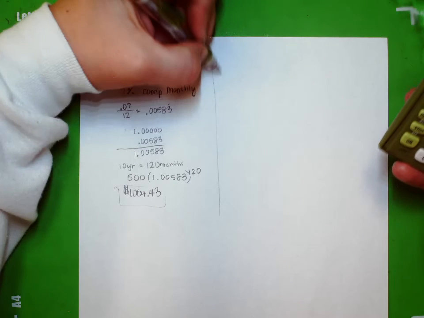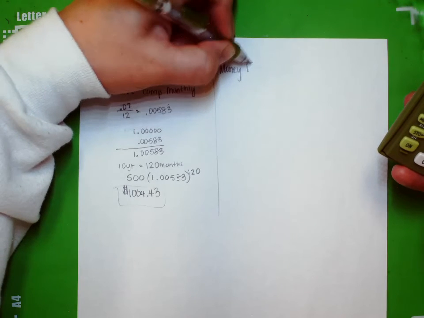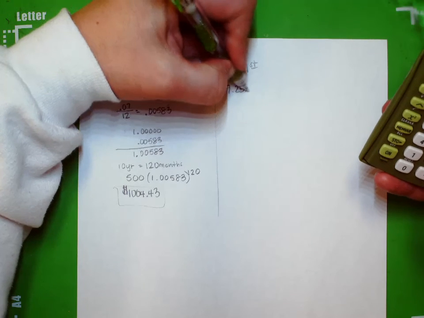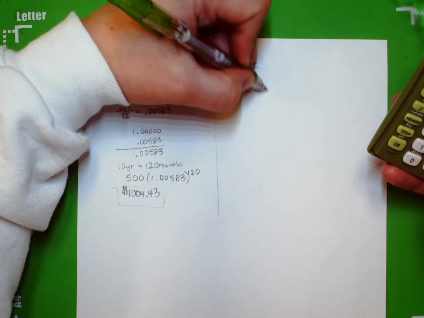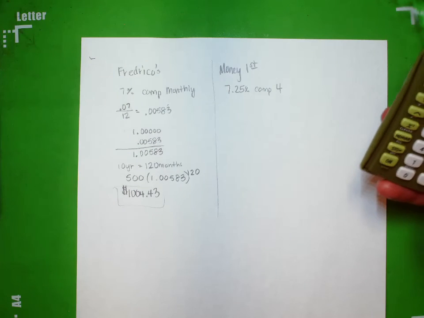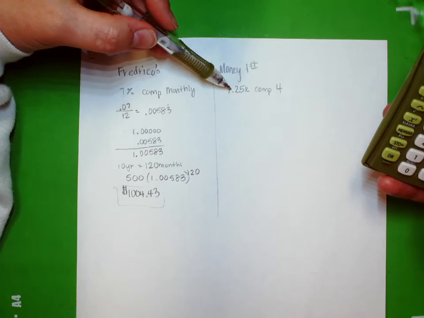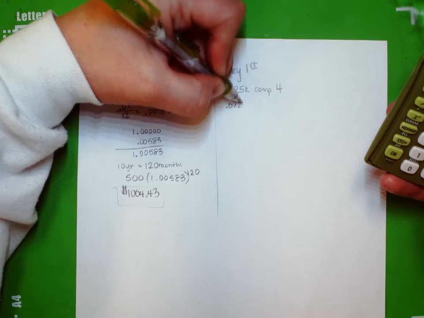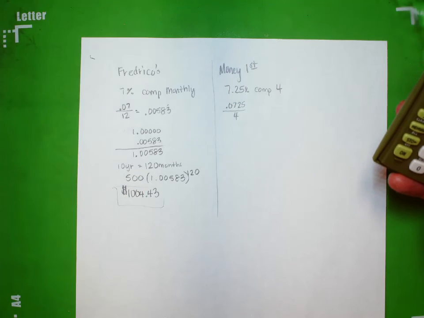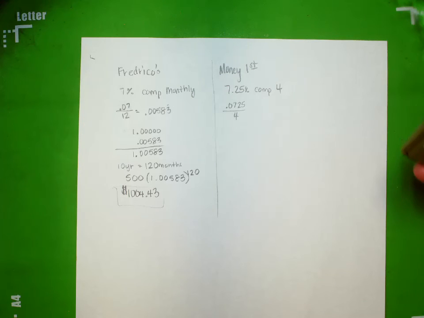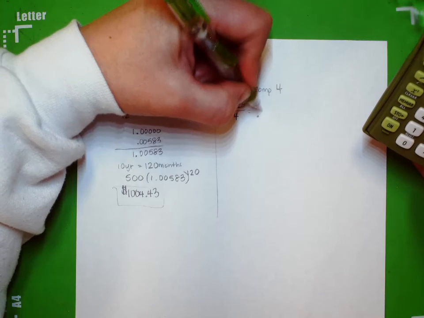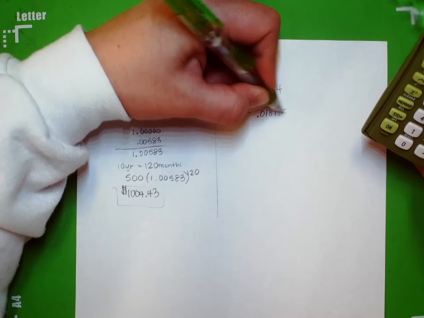So in the Money First account, this one is 7.25% compounded quarterly. That means split up 4 times per year. If we write this as a decimal, 0.0725, and divide it by 4 to find out how much it's growing each quarter. 0.0725 divided by 4, and we get a growth of 0.018125 per quarter.